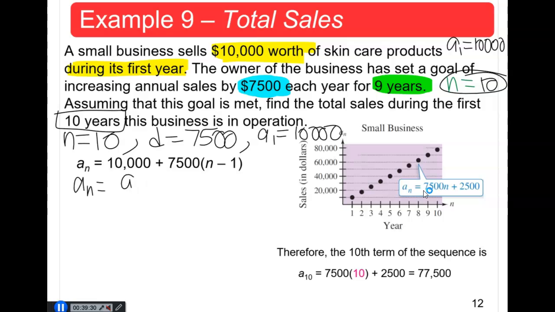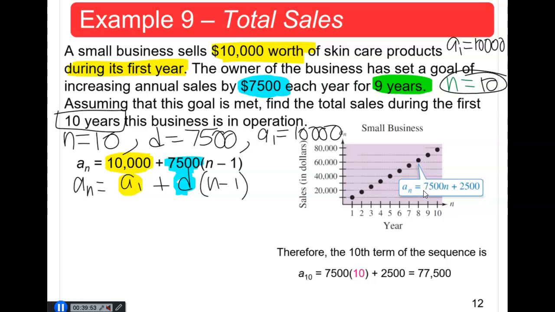So we have the first term plus the difference, how many times? N minus 1. So as you could see here, A sub 1 substituted with 10,000, and then we have the difference substituted with 7,500.